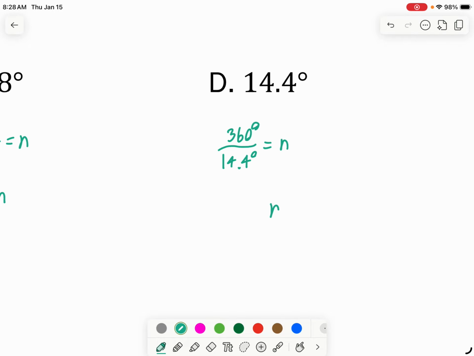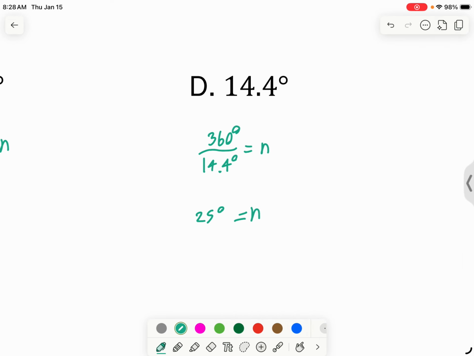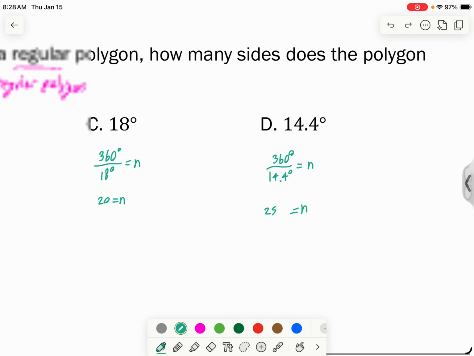That'll tell me how many sides the shape has. 360 divided by 14.4 is 25. Hey, look at that. It'll be 25 sides.